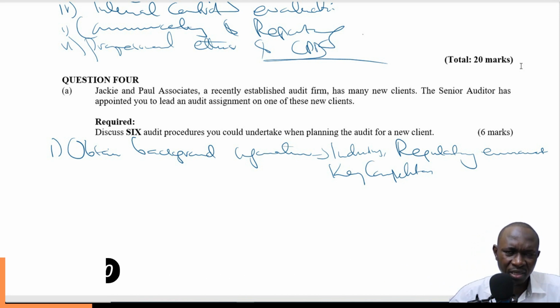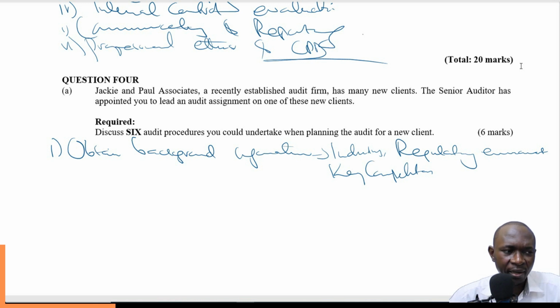So it's very important that you have a general overview of what the business is all about, and not just the business alone, but also the industry players, so that when you're coming up with the audit books, they are within the acceptable standards, especially by the industry.